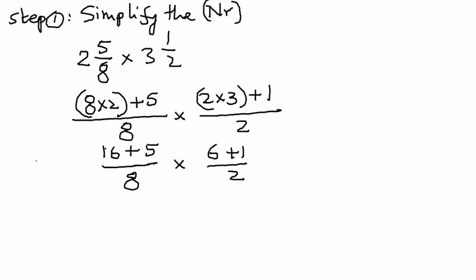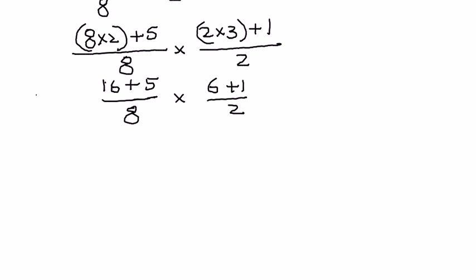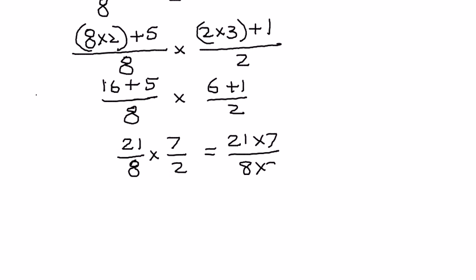We'll simplify this some more. So here we get 16 plus 5 is 21 divided by 8 times 6 plus 1 is 7 divided by 2. So when we simplify this, we're going to multiply the numerators, multiply the denominators. 21 times 7 divided by 8 times 2.